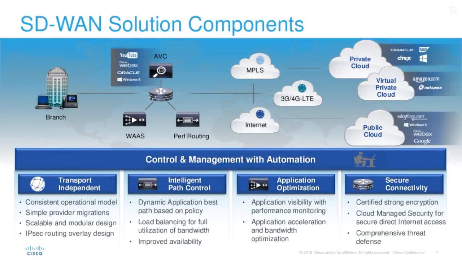Here, we're actually introducing a lot of intelligence into this, and we're literally looking at these connections by application type. And we're saying, all right, that's a voice connection. We're going to route that over MPLS. Or, hey, that's a video connection. Let's route that over MPLS. This is an email connection that's going out. Let's route that directly out over the internet connection.